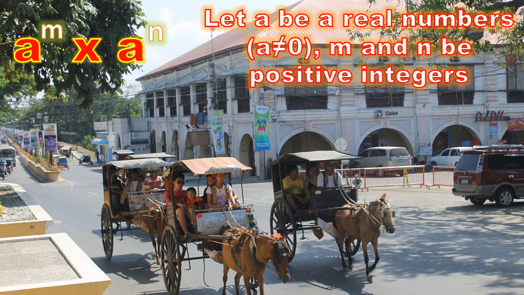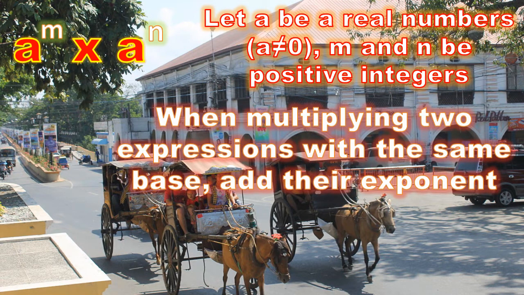The rules are, let a be a real number, but a is not equal to 0. m and n are positive integers. Another rule is that when multiplying two expressions with the same base, you are going to copy a, and add the exponents, m and n, therefore m plus n.